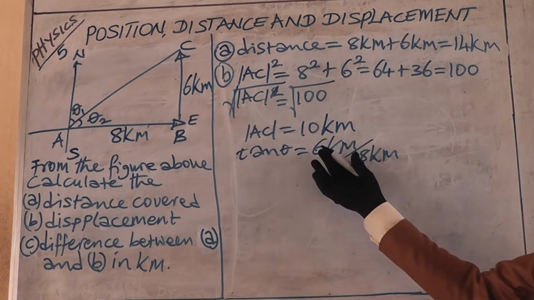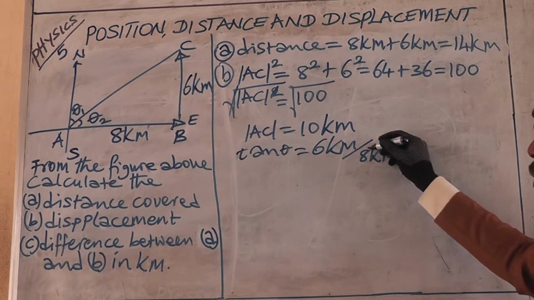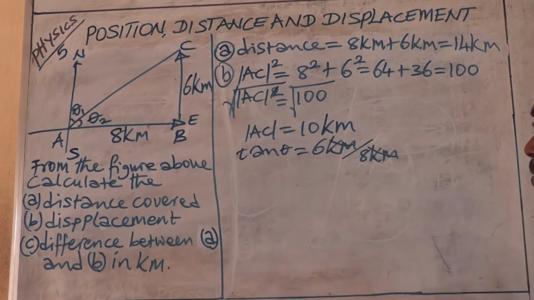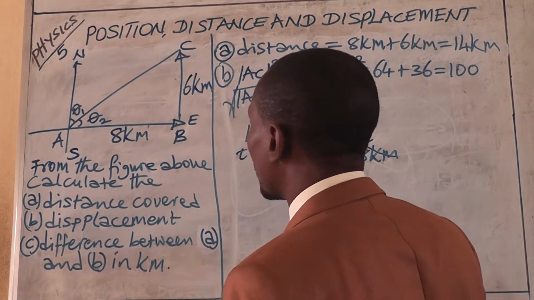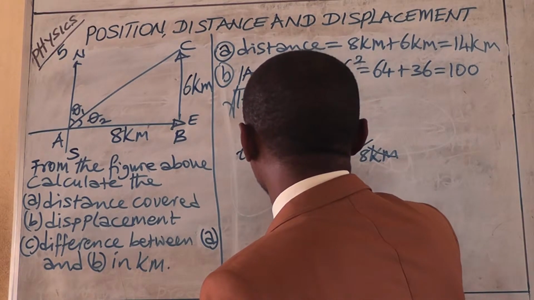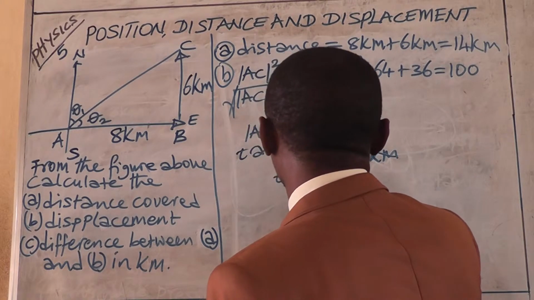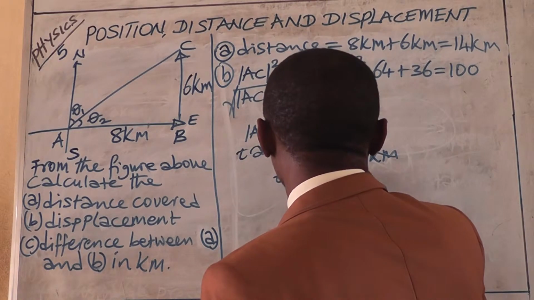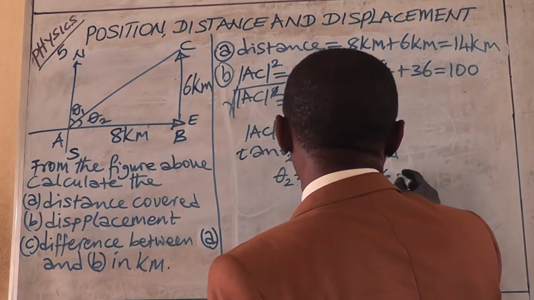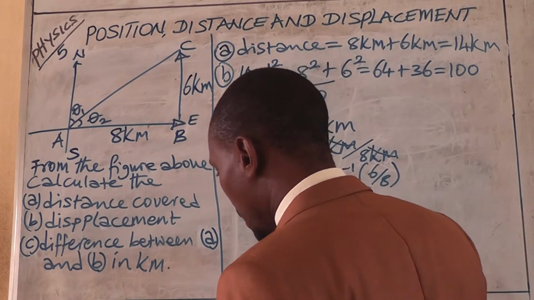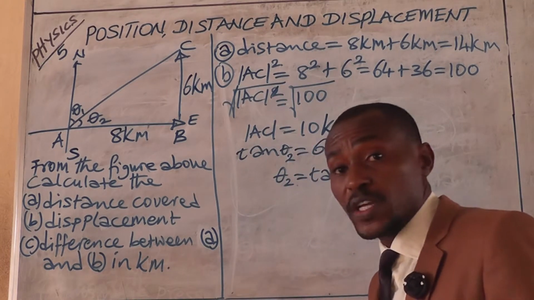That's what we'll have. But kilometer will go with kilometer. And in this case, we are dealing with theta 2. So theta 2 equals tan inverse of 6 over 8.